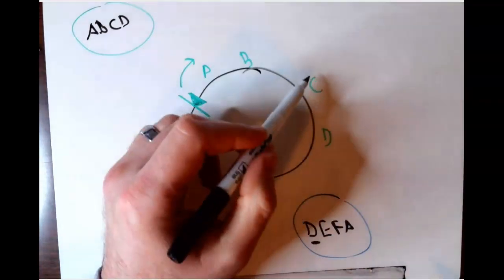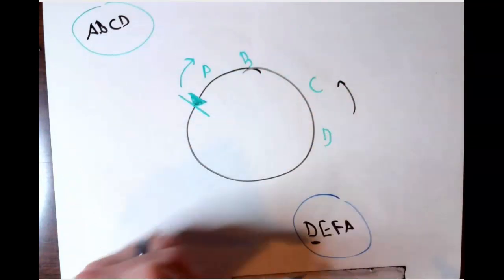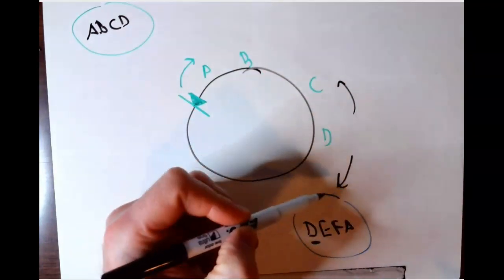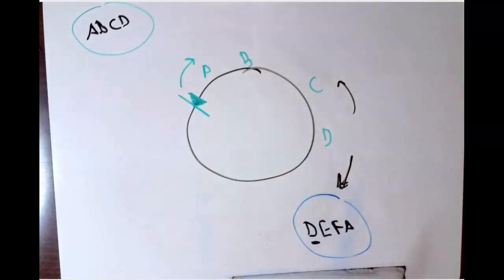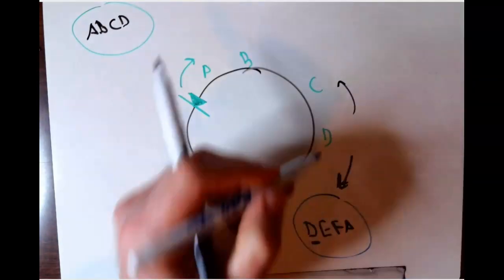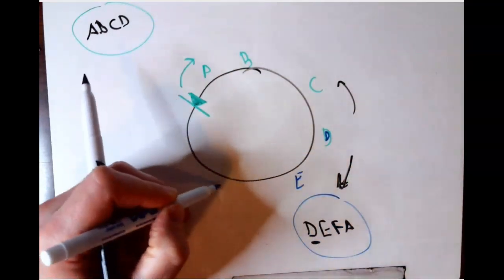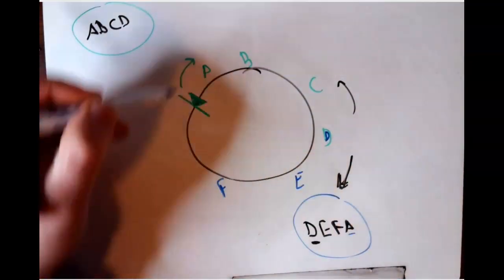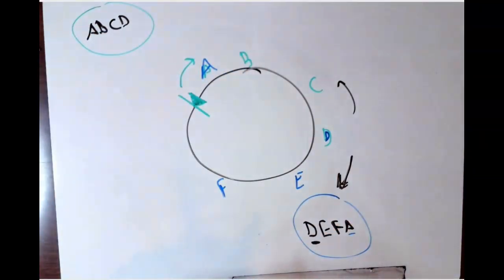But what we know is next to D already is C. So this must be going in the opposite direction. The unrolling must be going in this direction, and that's why we have D, E, F. Oh! We've closed the circle. There's the A we saw before.